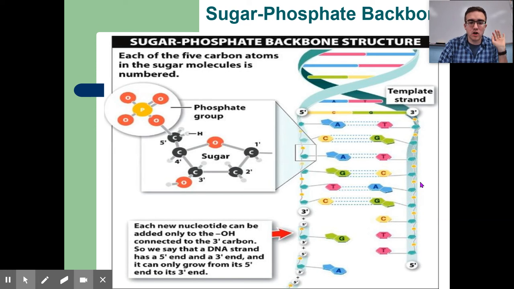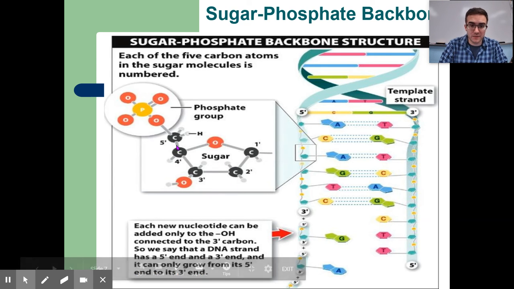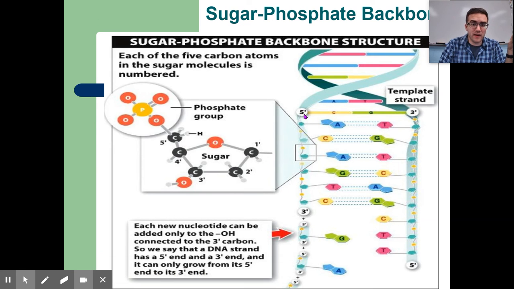More precisely, one strand will run from what we call 3' to 5', and the other side will run 5' to 3'. We get these numbers because of the sugar, which is deoxyribose, from counting the carbons on the sugar. Because of how we count, 1, 2, 3, 4, 5, 5' to 3' just means that up here is the 5' carbon, and then the phosphate is linked at the 3' carbon.